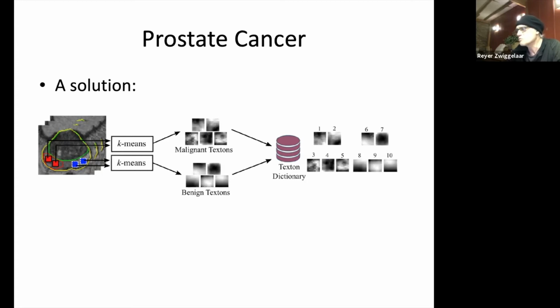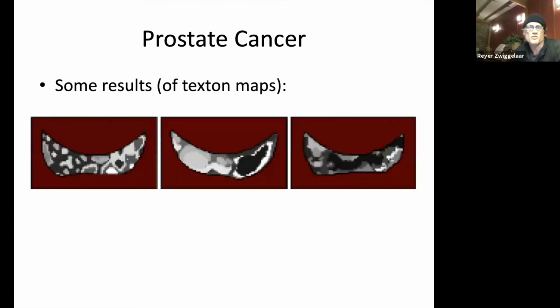And this works pretty well. I've got 2 slides with example results on that, and hopefully that can convince you that finding things is okay. So it produces Texton maps, where the gray levels indicate different types of Texton. And hopefully you can see that regions in the image are classified as slightly different tissues.